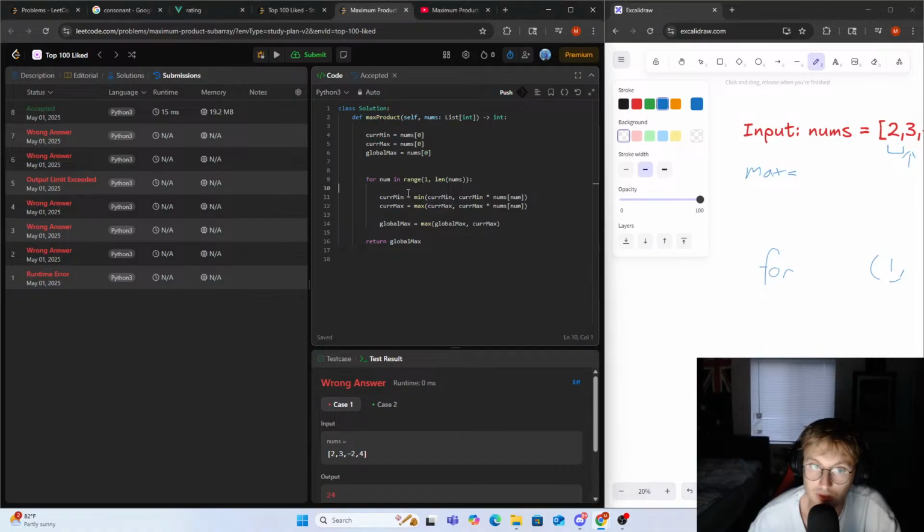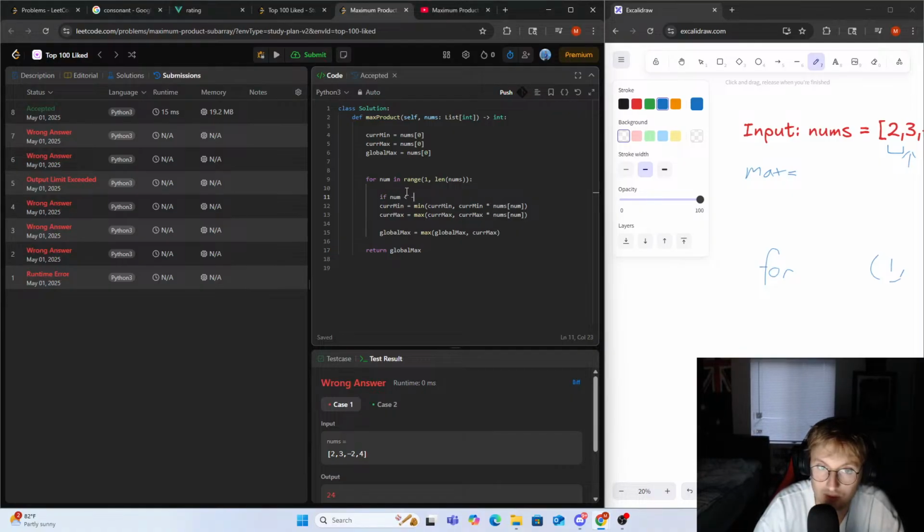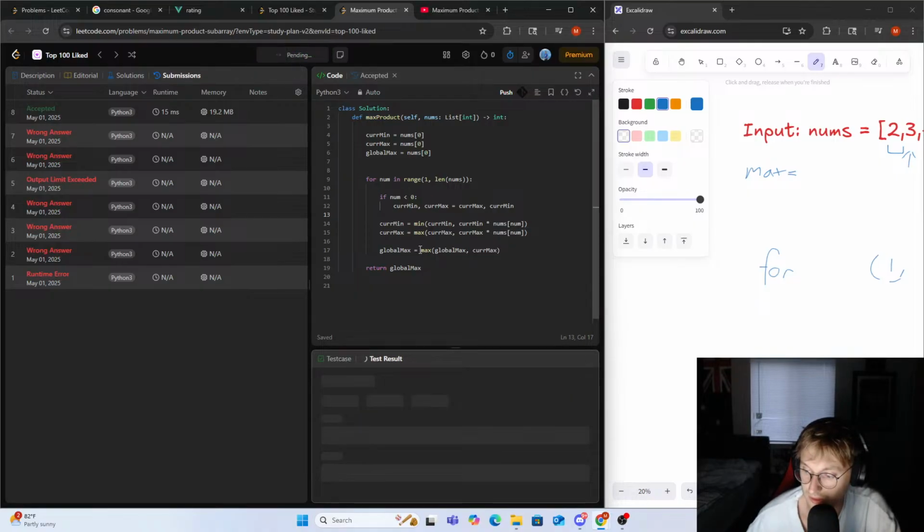So really, what we missed here is we have to swap our numbers here. curMax is equal to curMax, curMin. But why would we swap here? Is everything else right? I think so. Was that really our issue? Just that?